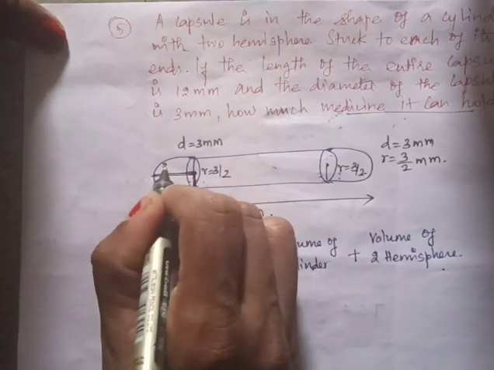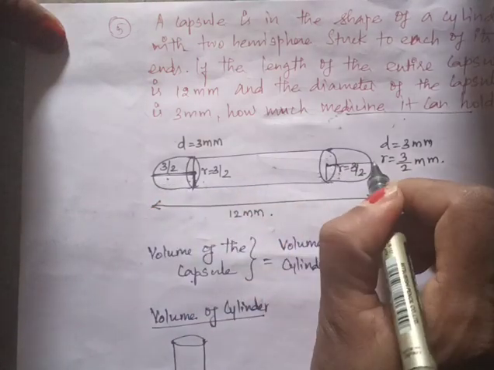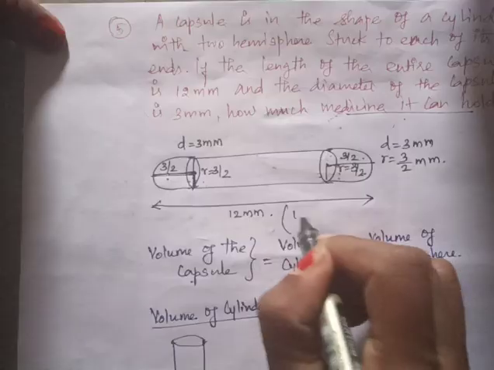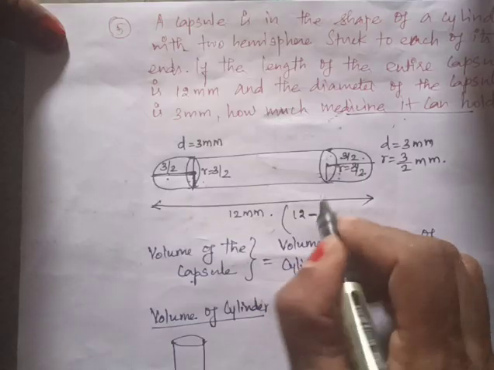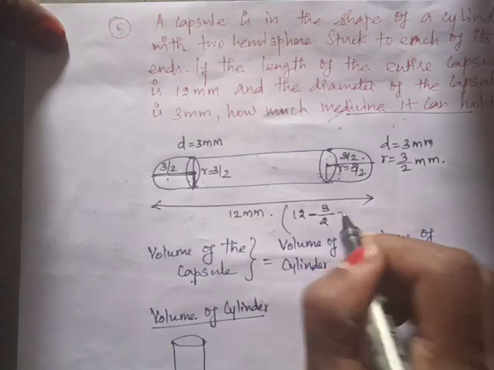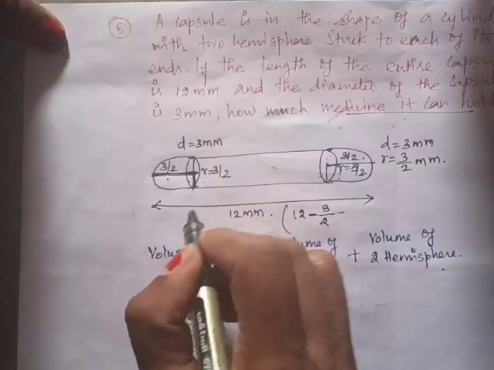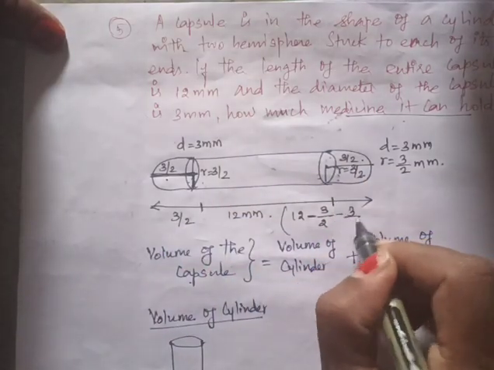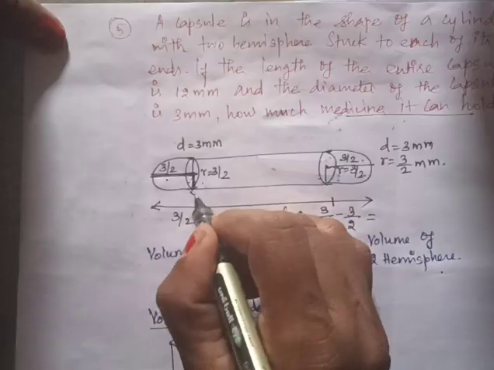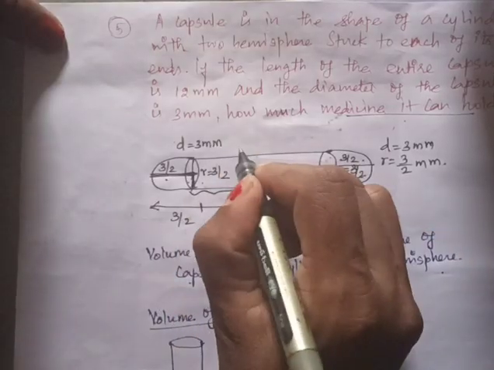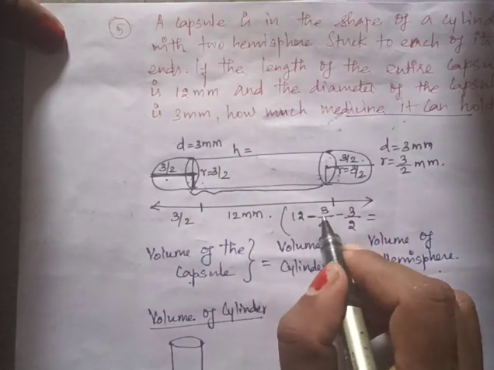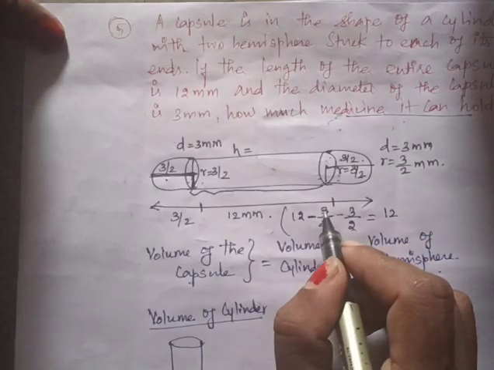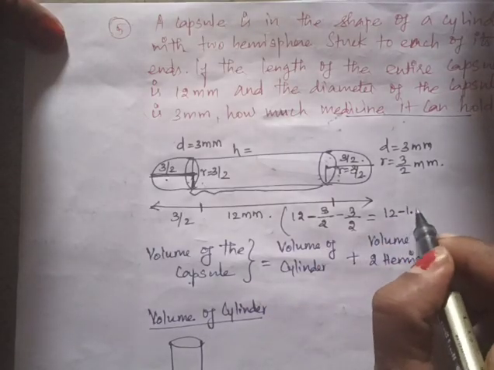In this length also, the height is 3 by 2. 12 minus 3 by 2 minus 3 by 2, we can get the height of the cylinder h. 12 minus 3 by 2 minus 3 by 2 is equal to 12 minus 3 divided by 2, 1.5.